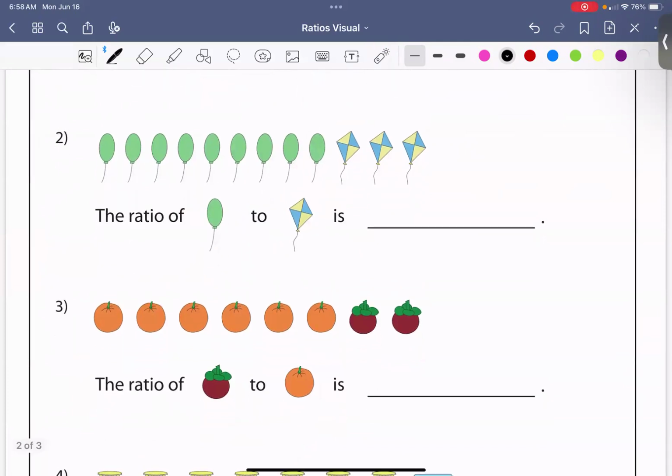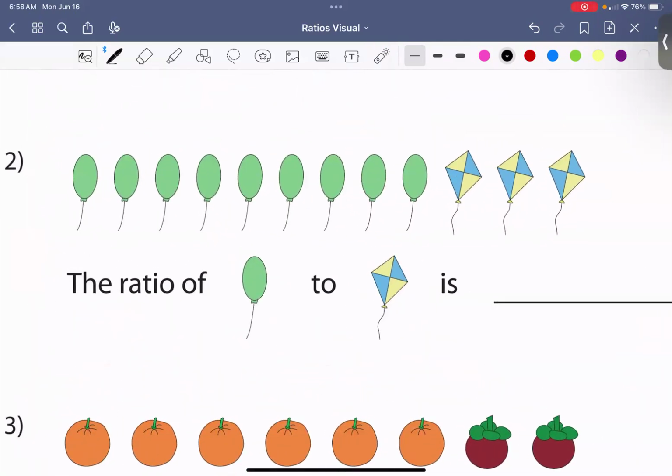Let's do the next one. What would this one be? Balloons to kites. All right, let's count. So balloons is one, two, three, four, five, 6, 7, 8, 9. And then to kites is 3.